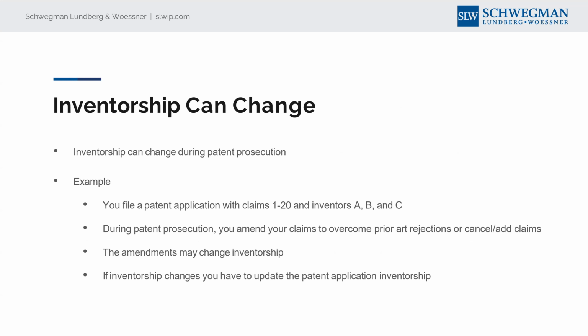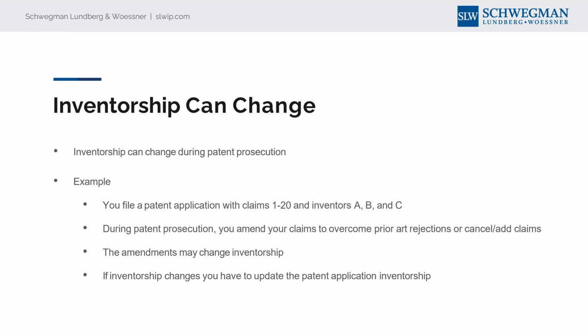One thing about inventorship is that it is not static. Again, going back to one of my earlier slides, inventorship is determined based on the subject matter of the claims. For those of you who have been through the patent process, you know that the claims can and often do change during the course of prosecution. You might narrow or even broaden the claims.